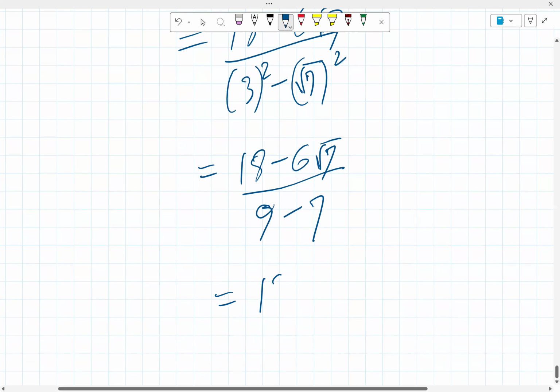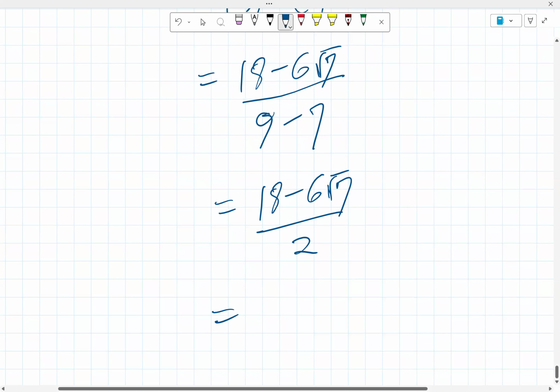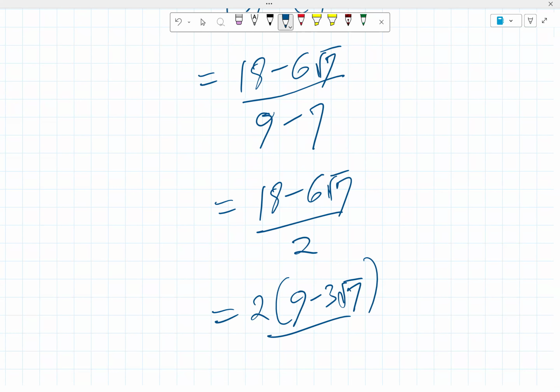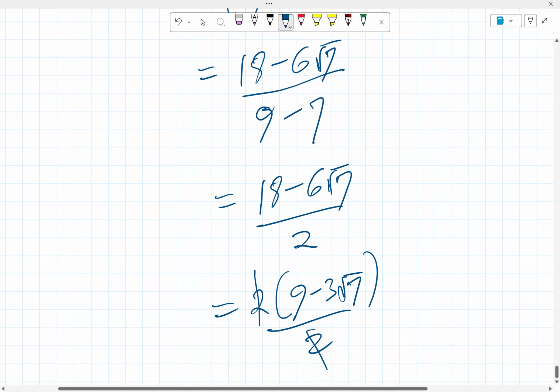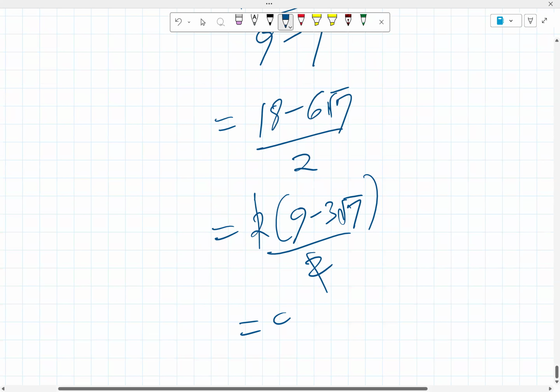So you have 18 minus 6 root 7 all over 2. Okay, so here 2 is common. So we have 2 into 9 minus 3 root 7 all over 2. So 2 cancels 2 here. So we then have that to be 9 minus 3 root 7.